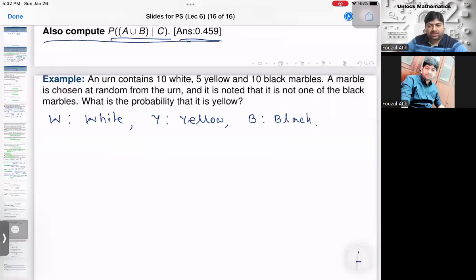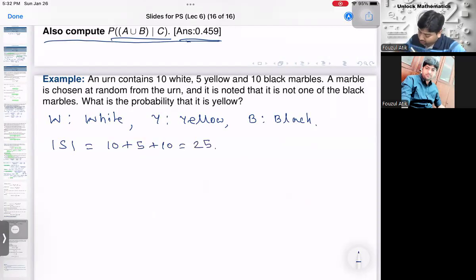Now also think about the total number of outcomes in the urn, so the total number of balls. The sample space is basically 10 plus 5 plus 10, equal to 25 balls you have.